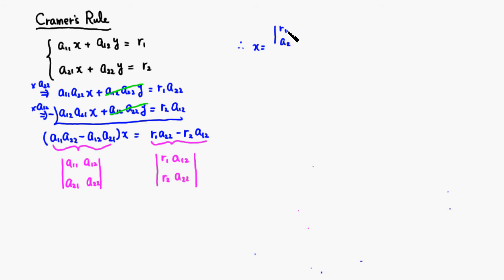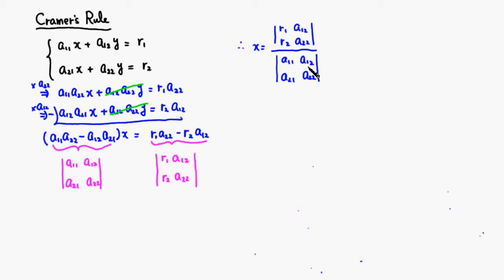r2, then you have a12, a22, divided by the determinant of a11, a12, a21, a22. So that will be the x value.